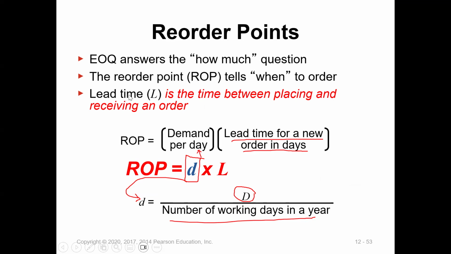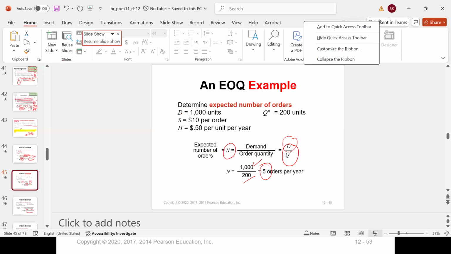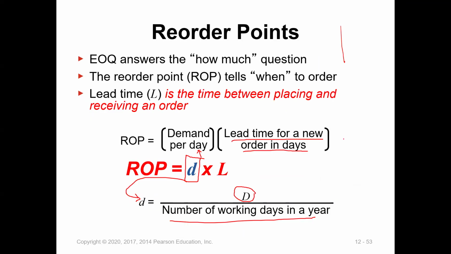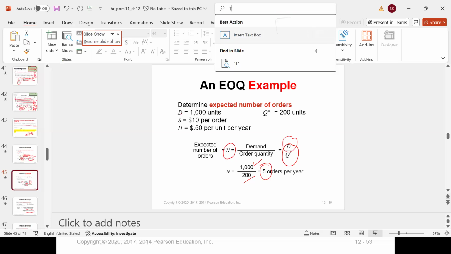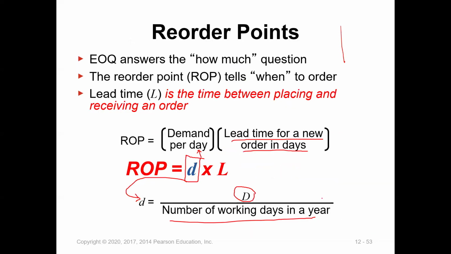EOQ answers the how much question. Now the reorder point: when should I reorder? When do I need to reorder? So say you are running a store and you are selling phones. If you are selling phones, you need to know when to reorder.